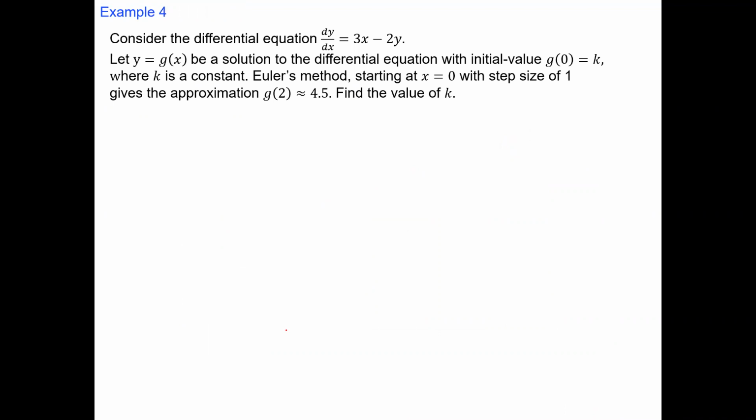Euler's method, starting at 0 with the step size of 1, gives the approximation g(2) equals 4.5. Find the value of k. So you can see we will use Euler's method and try to find out what k is. That's where we will start: x, and we have to start at 0, and then y.